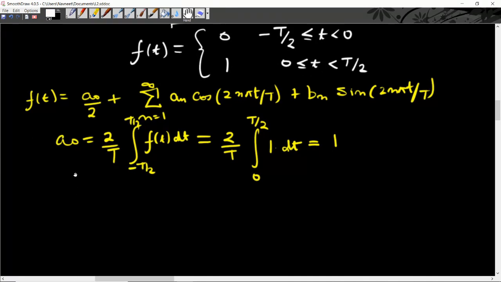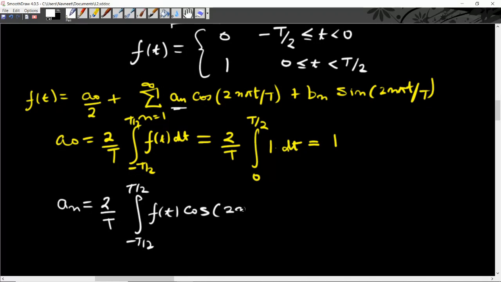So next, let's try to find the coefficients an. So now an is given by the integral 2 over T, minus T by 2 to T by 2, f of t cosine 2n pi t over T dt.